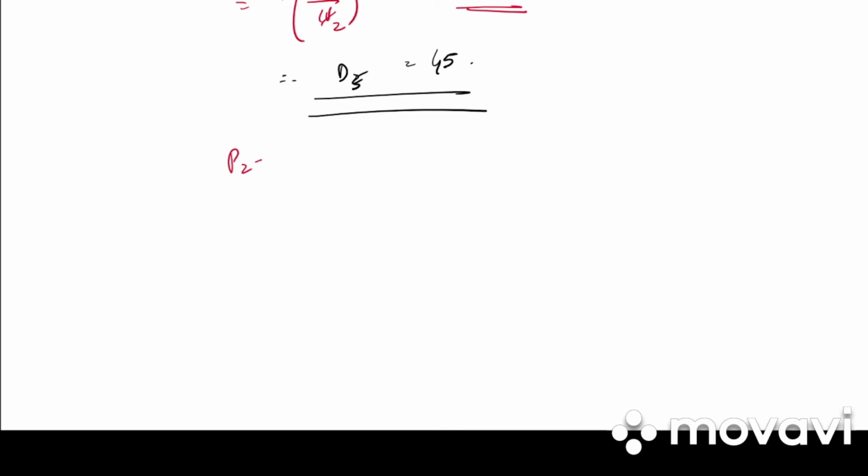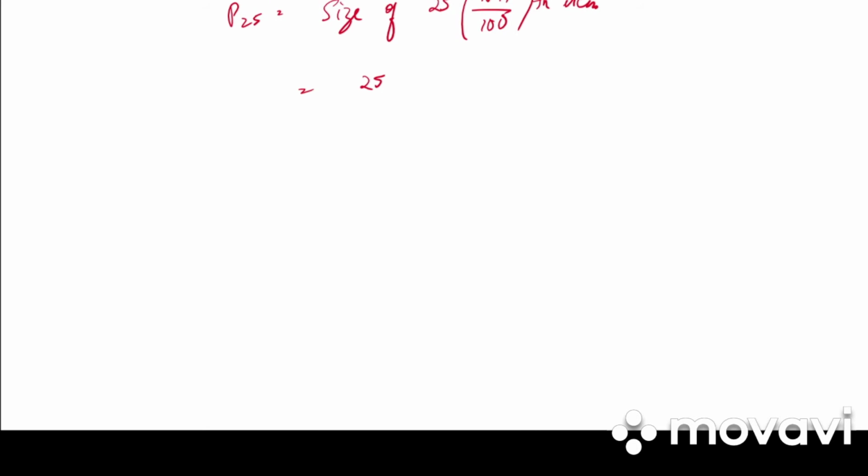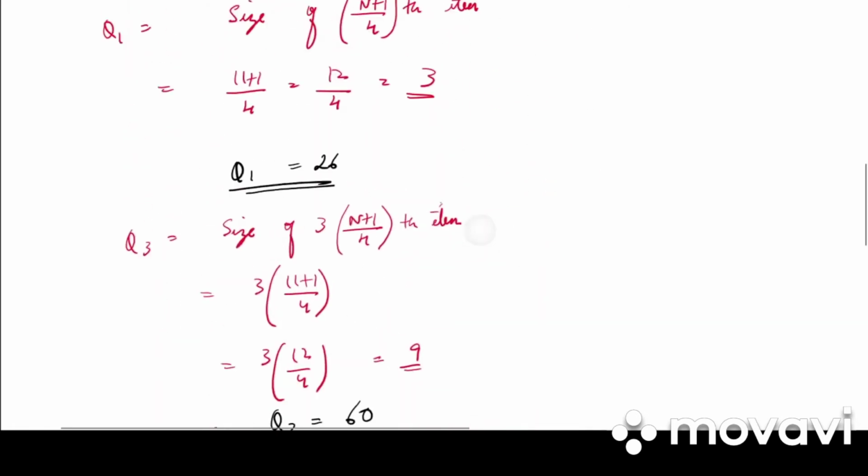And last they have asked us to find P25. Size of 25 into n plus 1 by 100th item. 25 into 11 plus 1 by 100. 25 ones are 25, 25 fours are 100. So 12 by 4, that is size of third item. What is third item?